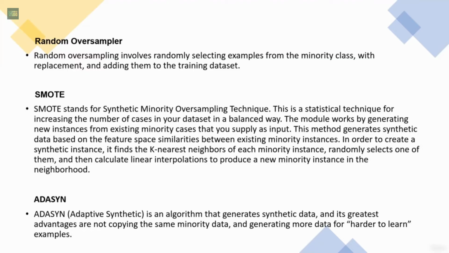Those fraud transactions need to be increased to be at par with the authentic transactions. Then the dataset will become balanced, and this process of increasing the number of transactions can be achieved with the help of SMOTE, ADASYN, or random oversampler. After that, on the updated dataset, we can train our models. So in the next session, we are going to see the random oversampler in action.